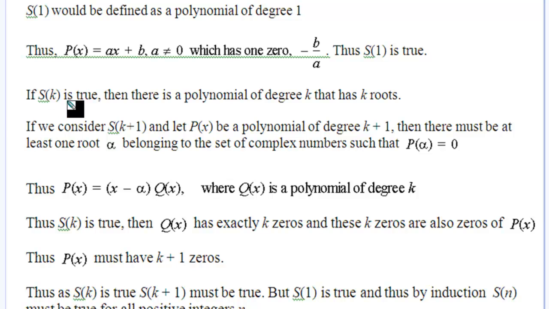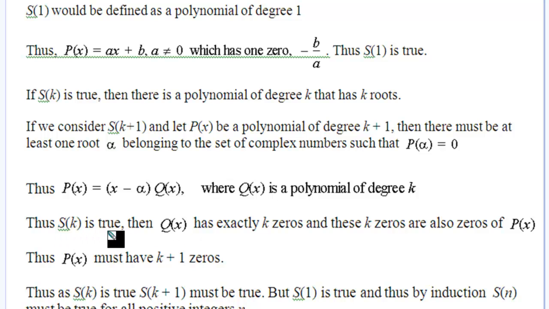So assume that Sk is true, where a polynomial of degree k has k roots. If we consider Sk plus 1, then let p(x) be a polynomial of degree k plus 1. There will be one root alpha that belongs to the complex numbers such that p(alpha) is equal to 0. If that's the case, you've got p(x) equal to (x minus alpha) times q(x), where q(x) must be a polynomial of degree k.